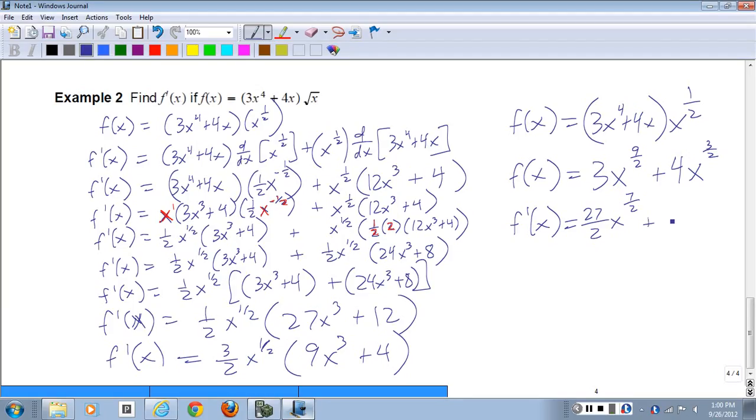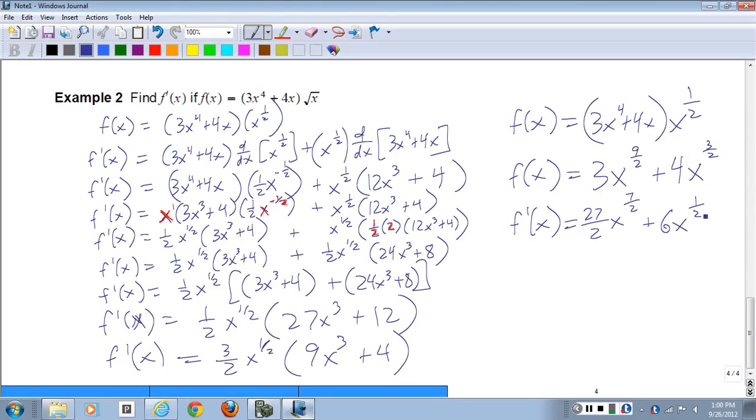Plus, what's 4 times 3 halves? 6. 6x to the 1/2. I suppose you could call that done because that looks nice enough.